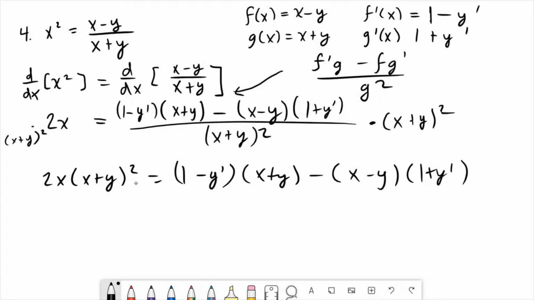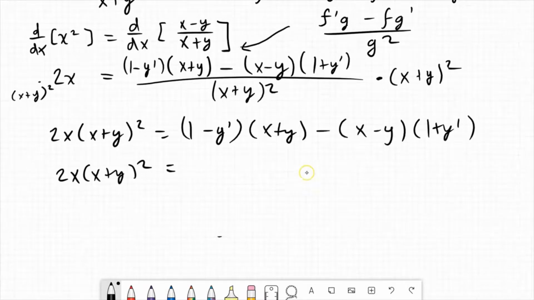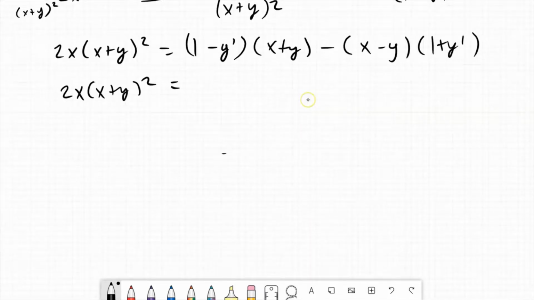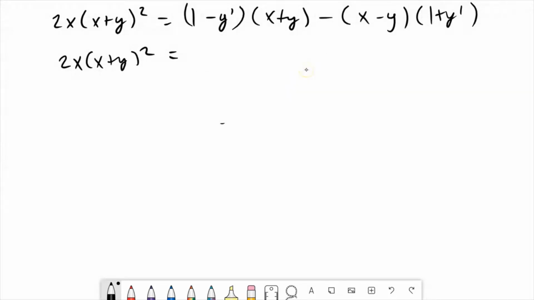And now we have to go through the task of simplifying this down, because there's no way to solve for y prime without simplifying this through FOIL or the distributive property. So 2x, x plus y squared equals, I'm going to bring this down now, all the way down here, because we'll need all this work just to expand this.